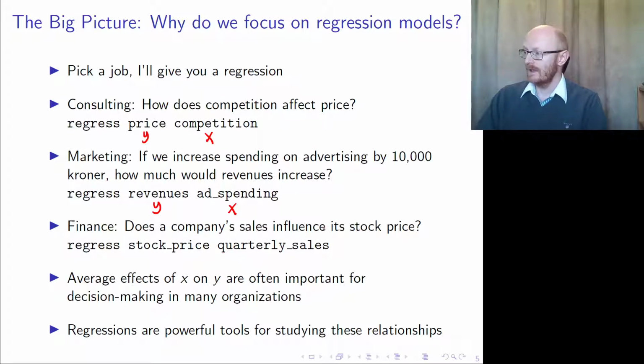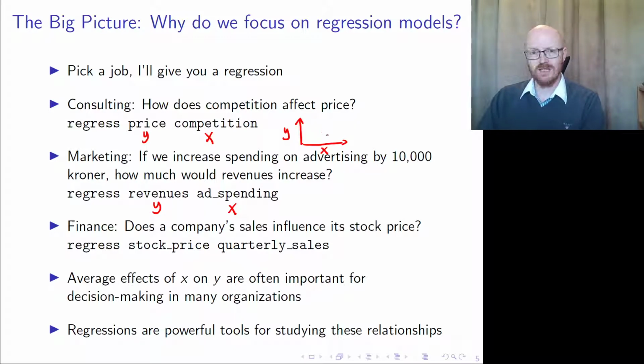And of course, a first step is always to think about whether the relationship should be upward sloping or downward sloping. For example, for the competition example, how does competition affect price?